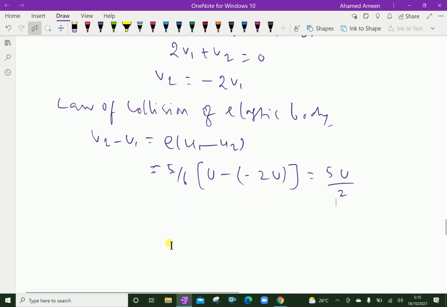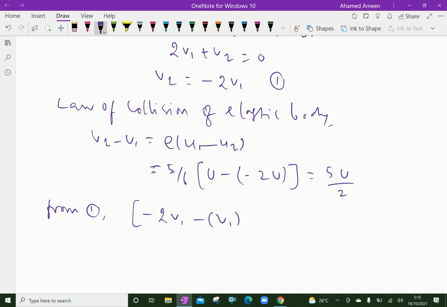Then substituting these values, v2 equals minus 2 v1, let it be equation 1. From 1 we have minus 2v1 minus v1 equals 5u over 2.